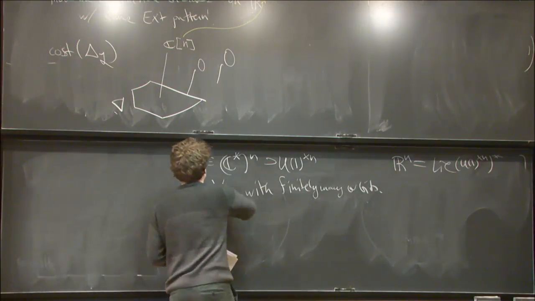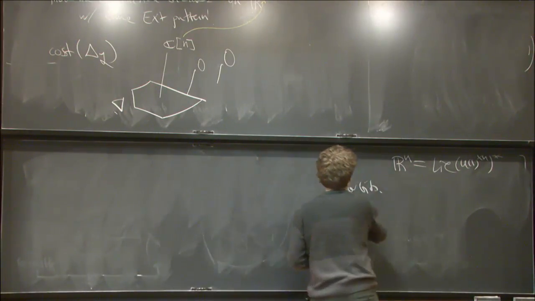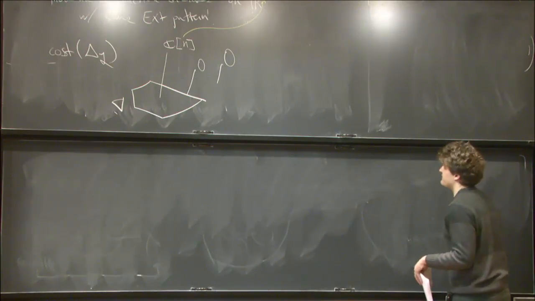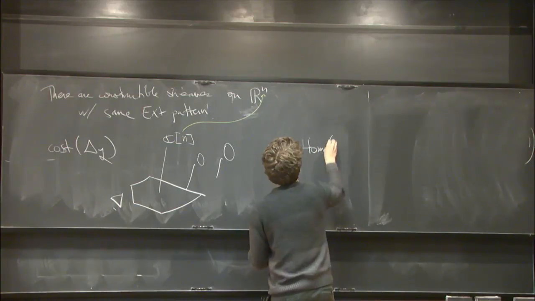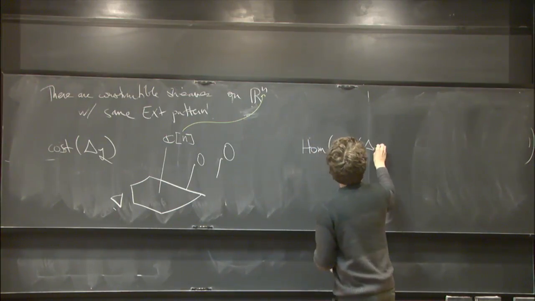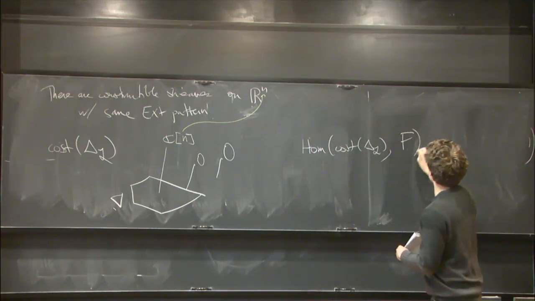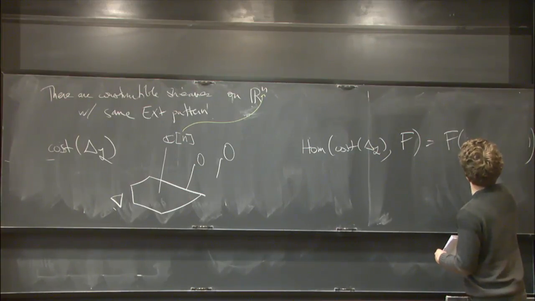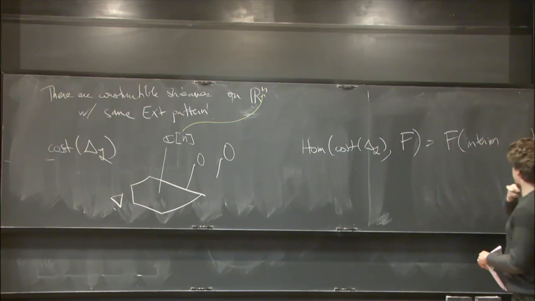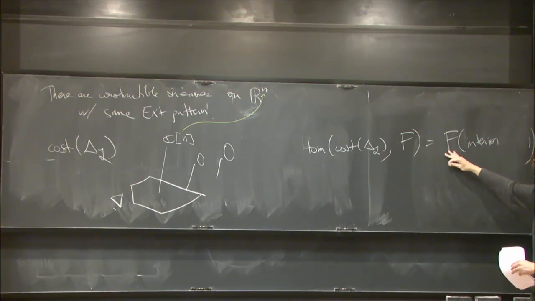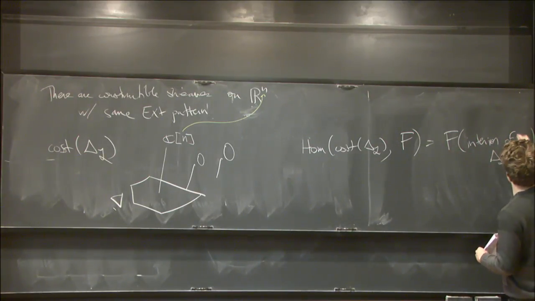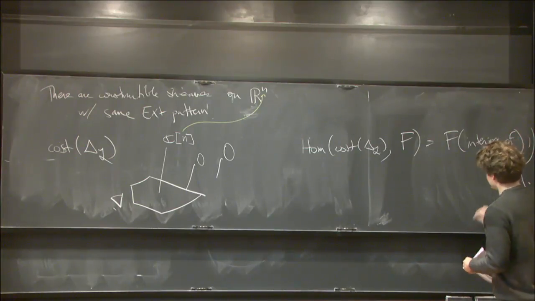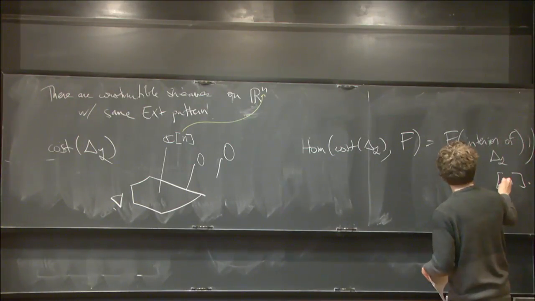So this costandard sheaf is exactly the sheaf that represents the functor that evaluates a sheaf on the interior of this polytope. Well, and then shifts it, I guess shifts it in the opposite direction.